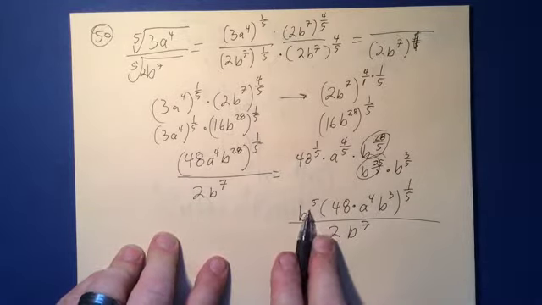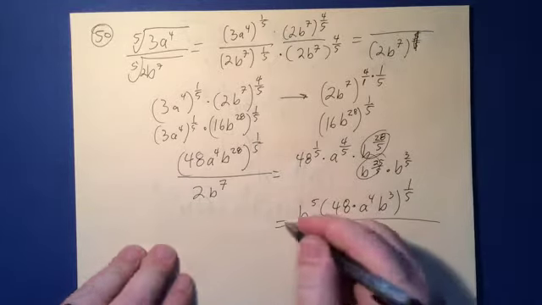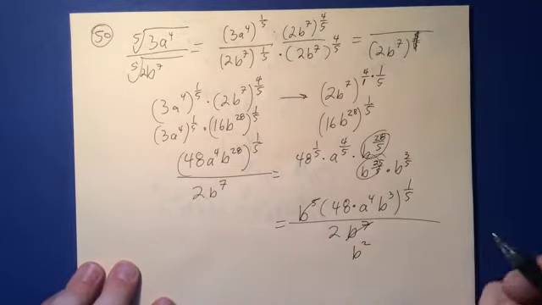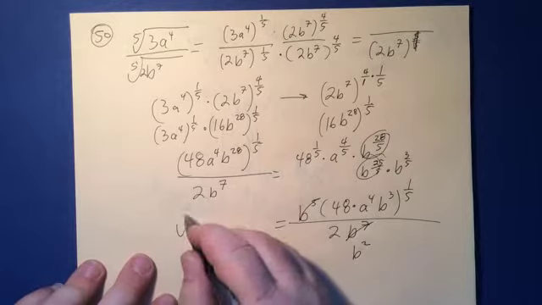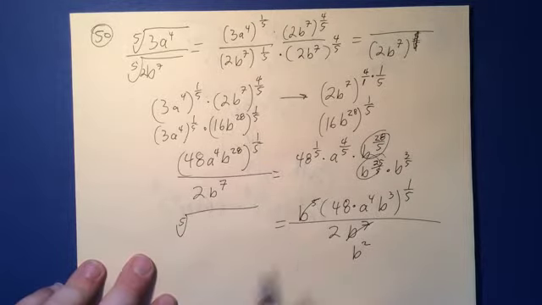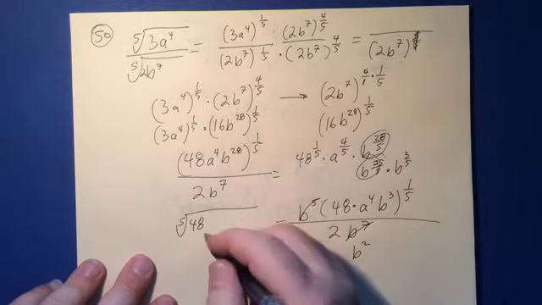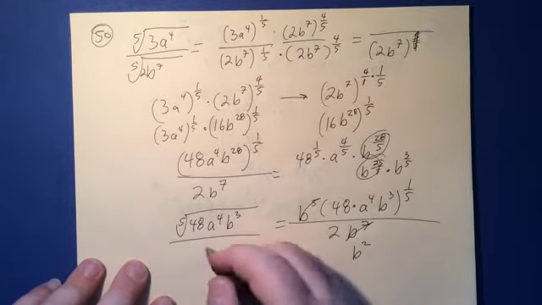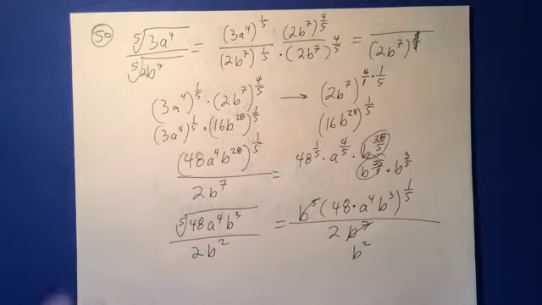And if you notice, yes, you have b to the 5th here, b to the 7th. So the final way we would write this, if I divide both of these out and have b to the 2nd left here, is we would have the 5th root of 48, a to the 4th, b to the 3rd, all divided by 2b squared.